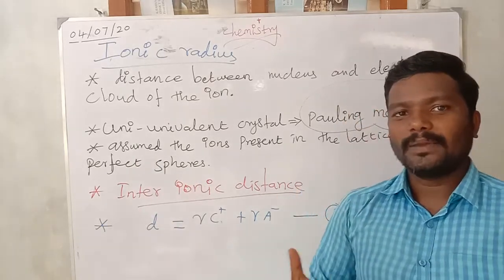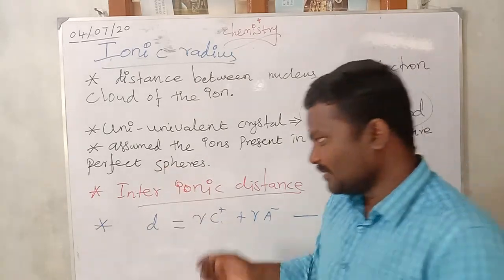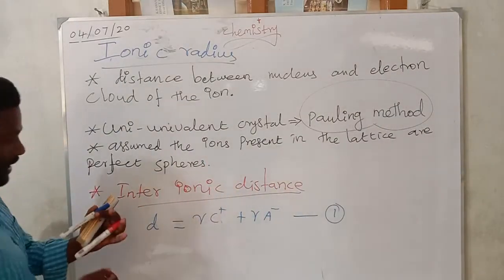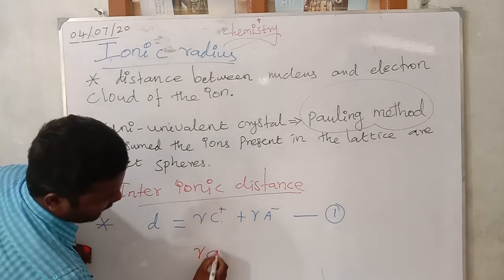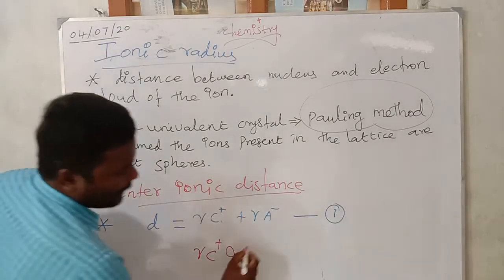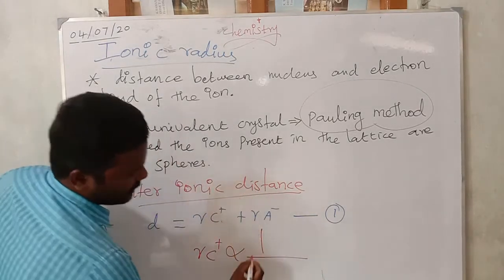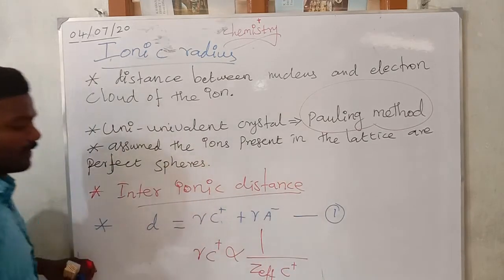How can we understand? Simply by using the formula: the radius of a cation is inversely proportional to the effective nuclear charge of that cation.